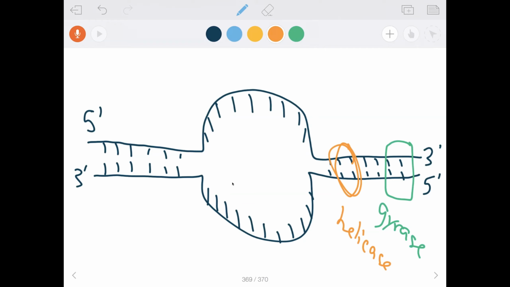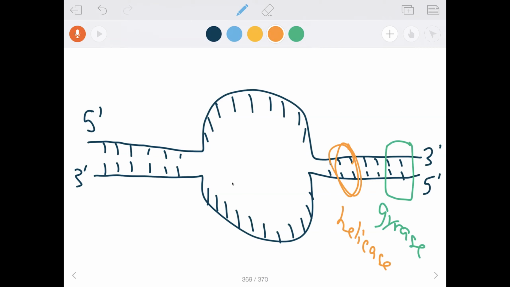What did we say about which polymerase we use in which process? So in DNA replication, we used DNA polymerase, but why? Why did we use DNA polymerase in DNA replication? Because our product was DNA.